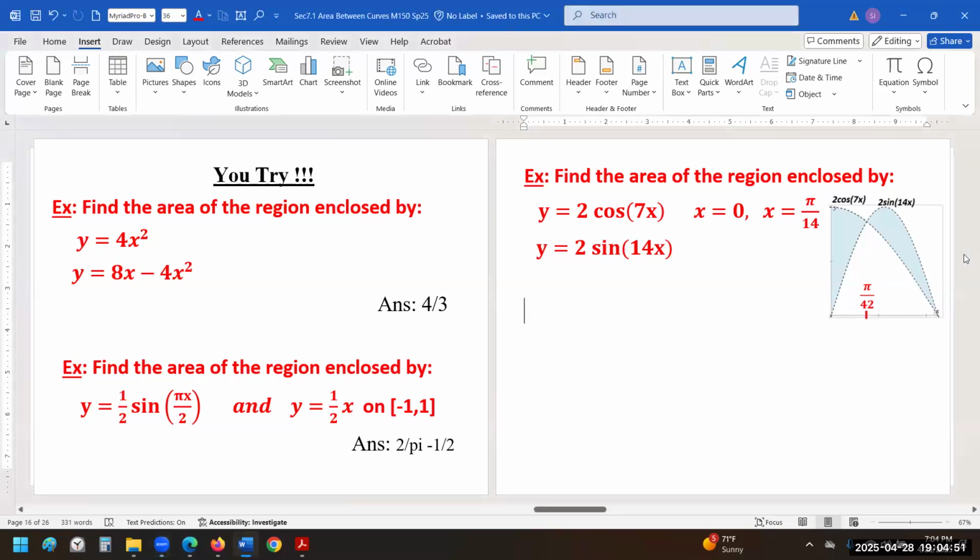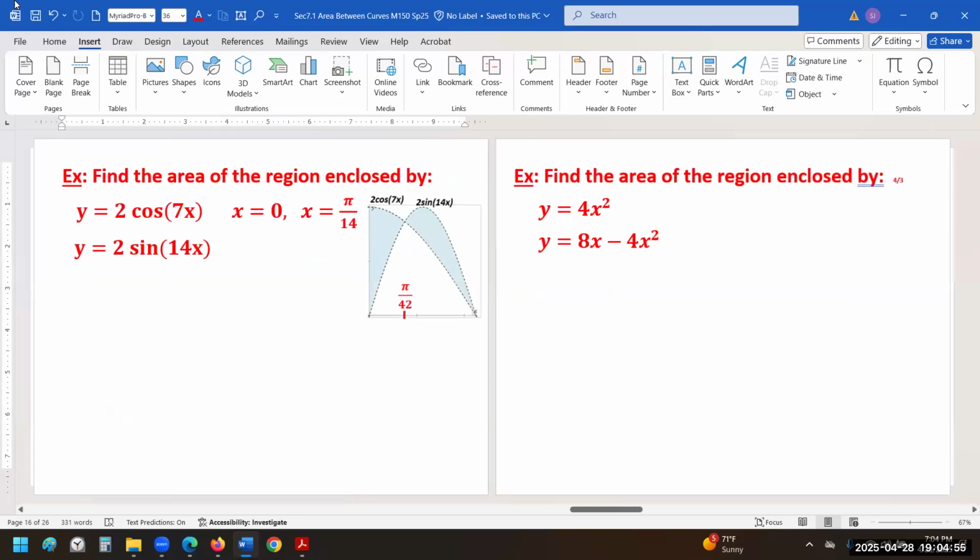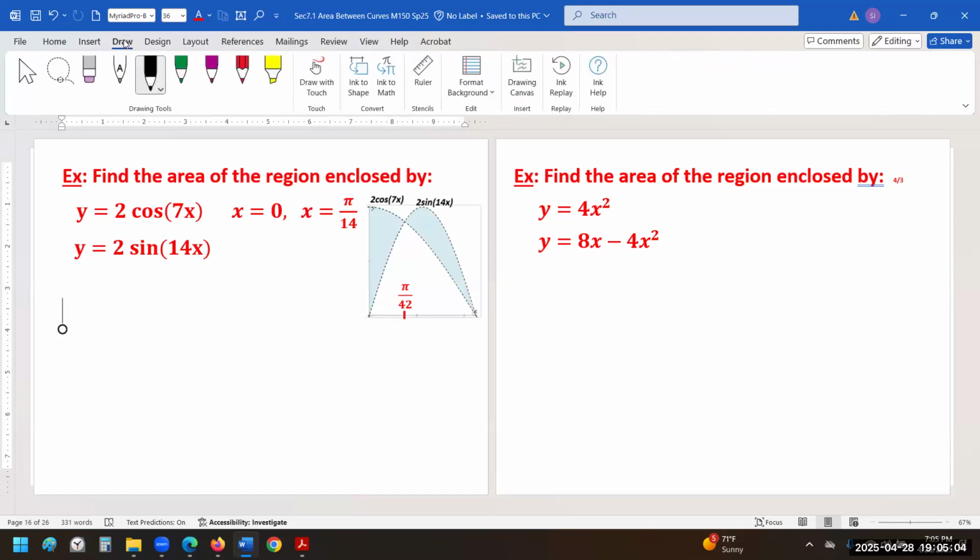Okay. The first one is easy. We have to see where they meet. So we set them equal to one another. 4x squared equals 8x minus 4x squared.